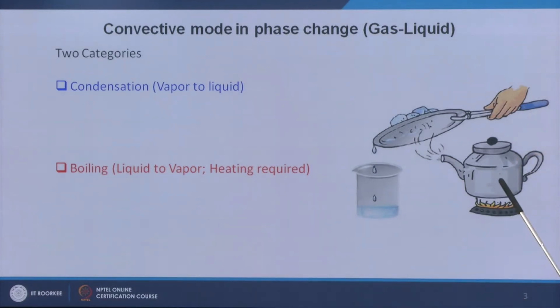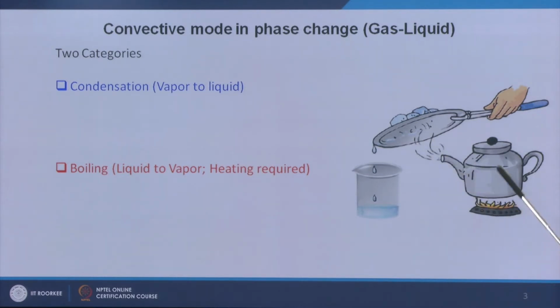Here I have shown a picture. You can see in this kettle the water is being boiled and it is forming water vapor, which is striking the bottom side of this plate. Over the plate we have ice.